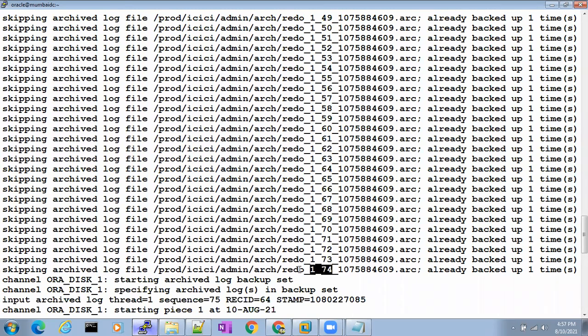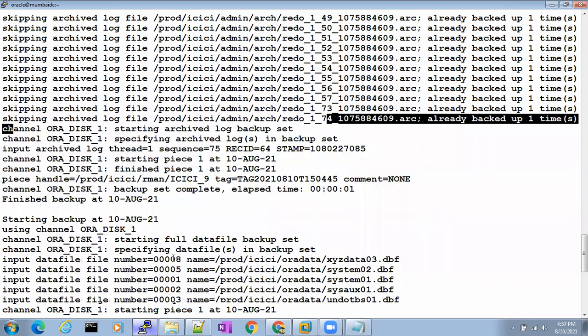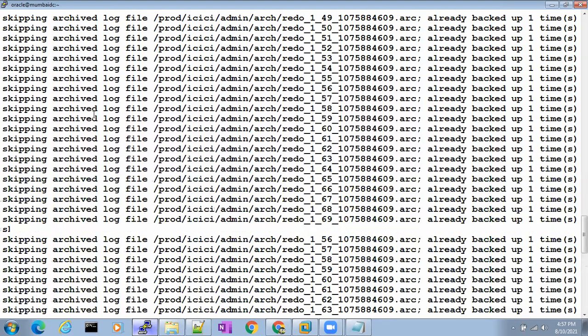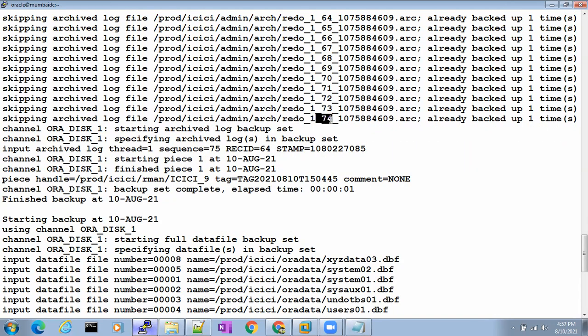Because all 74 archives are already backed up, but it has taken one archive, 75. When it got generated, did I generate it with my hands? All right. When I started this backup, it found that 74 archives were already backed up. There was one archive which got generated, so it has to take that. RMAN knows that.